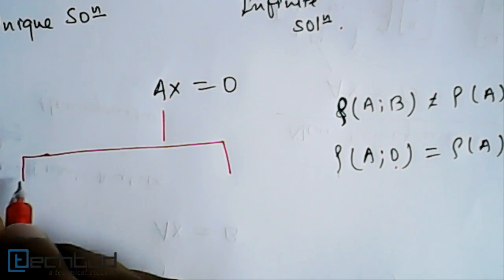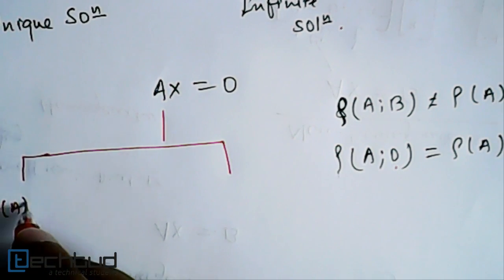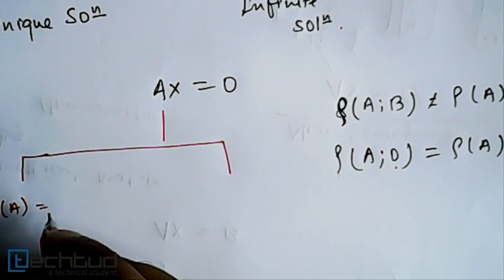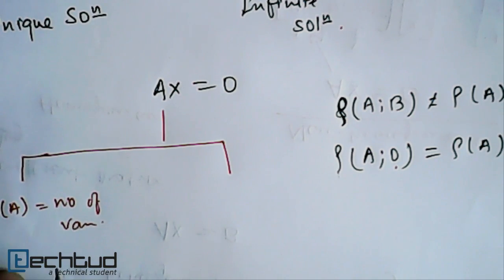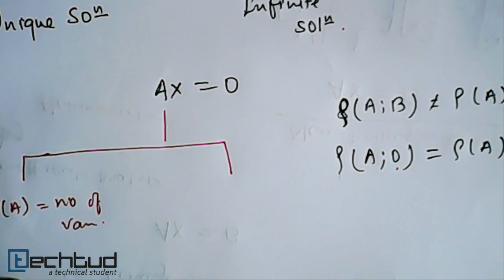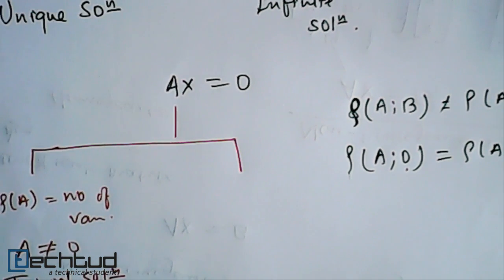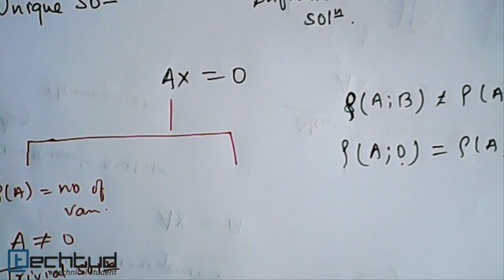If the rank of A is equal to the number of variables, and the determinant is not equal to 0, then we have the trivial solution, that is x equal to y equal to z equal to 0.